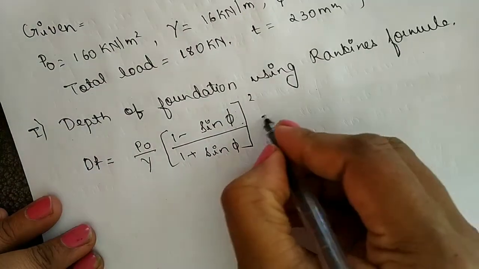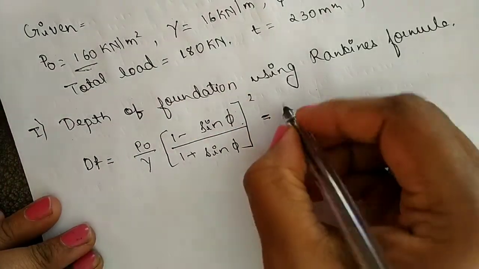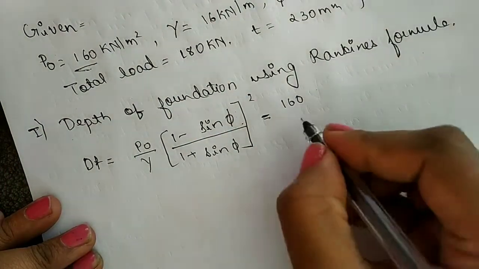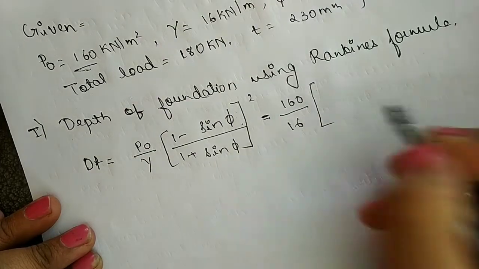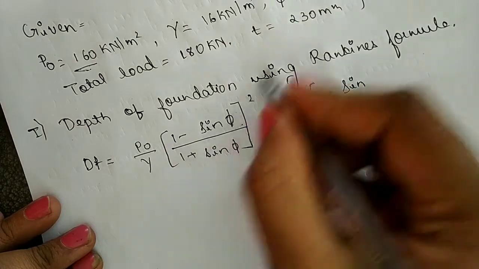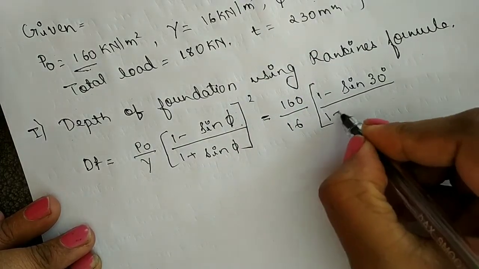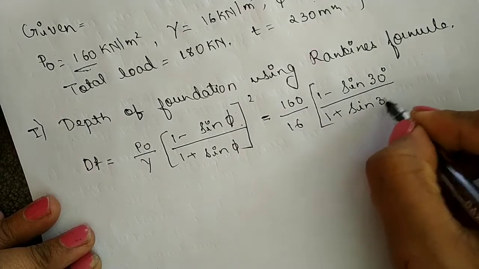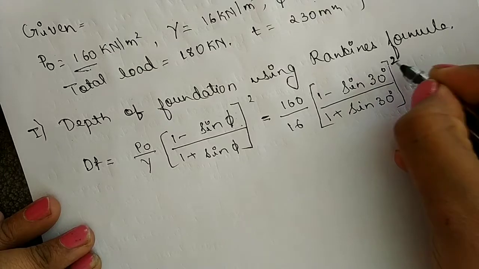Now let us insert all the values. P0 is 160, gamma is 16, into bracket 1 minus sine 30 degrees divided by 1 plus sine 30 degrees, the whole square. Do not forget this square.